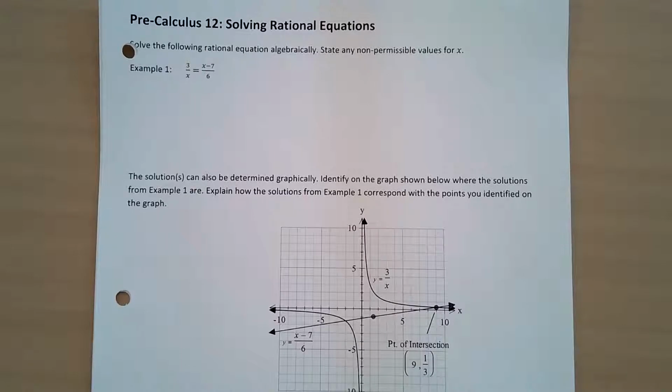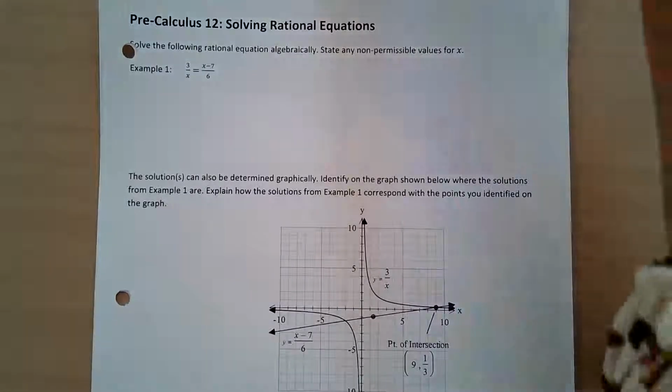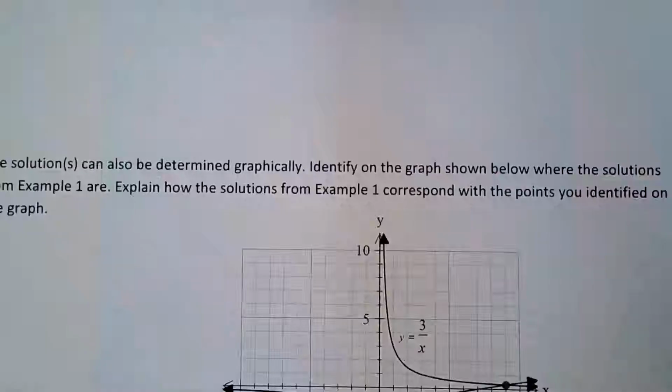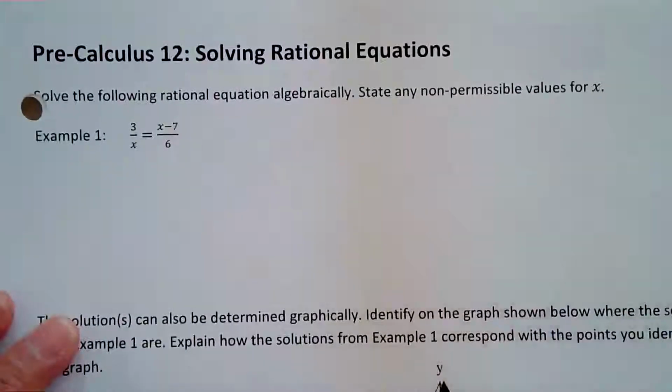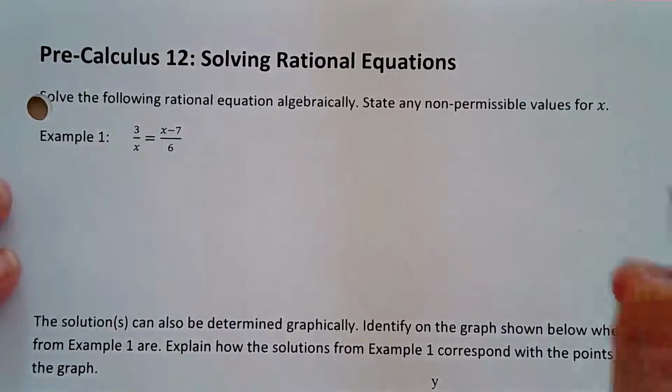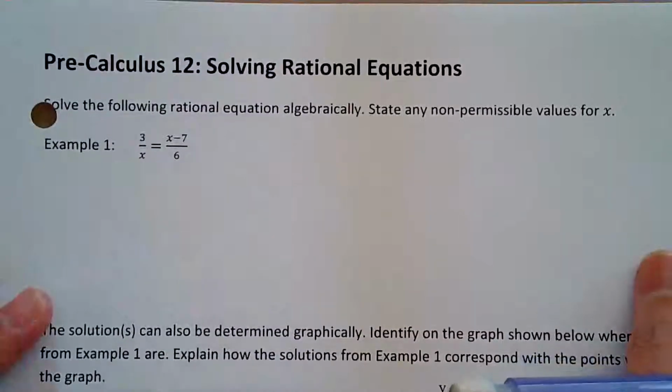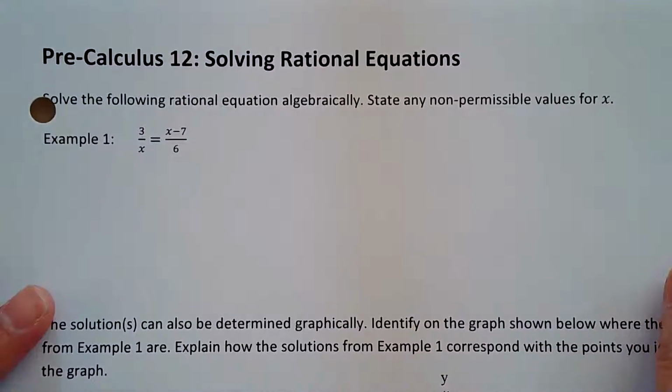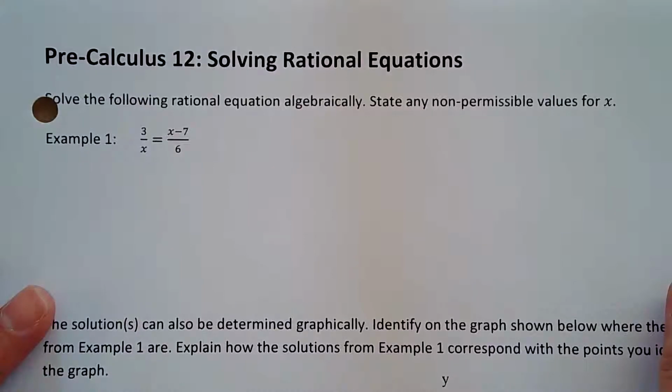First thing that we're going to do is start with stating the non-permissible values. So what are the non-permissible values? 0. And how do you know it's 0? Because x is in the denominator.